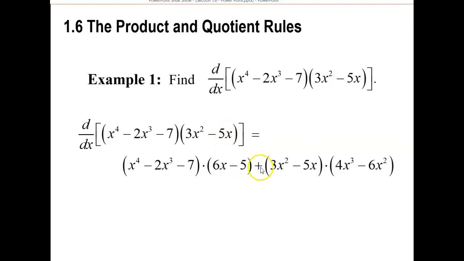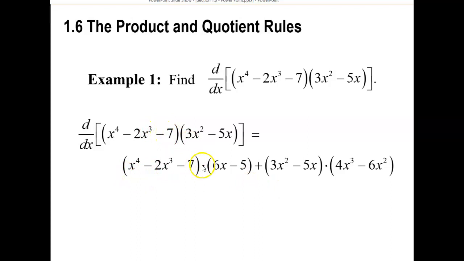Plus, this time we take, this is my g of x, so this function, 3x squared minus 5x, gets multiplied by, this function is the derivative of the first. The 4 coming down, leaving x to the third, so 4x cubed minus the 2 coming down, giving you 6x to the second, and the derivative of the 7 is 0.